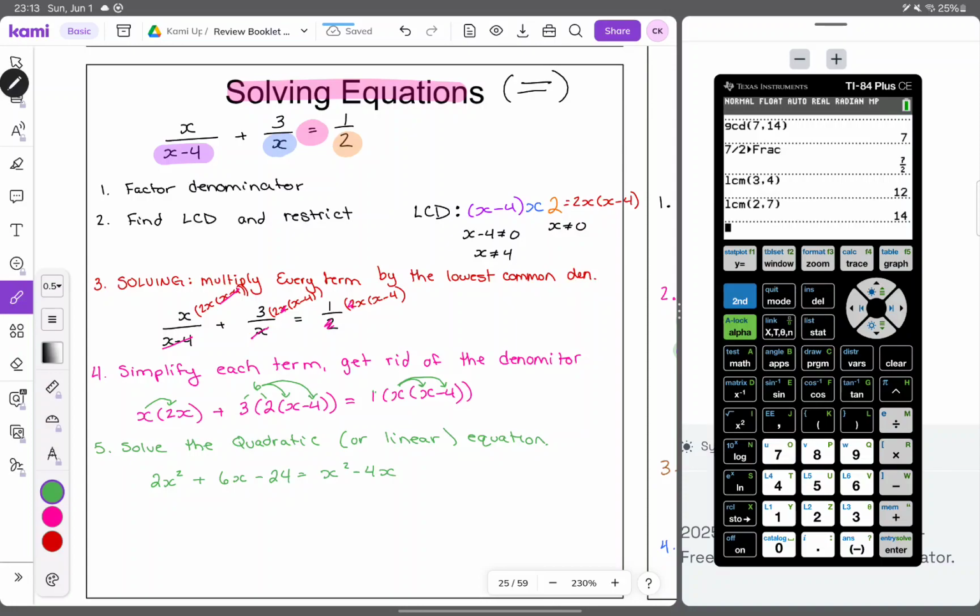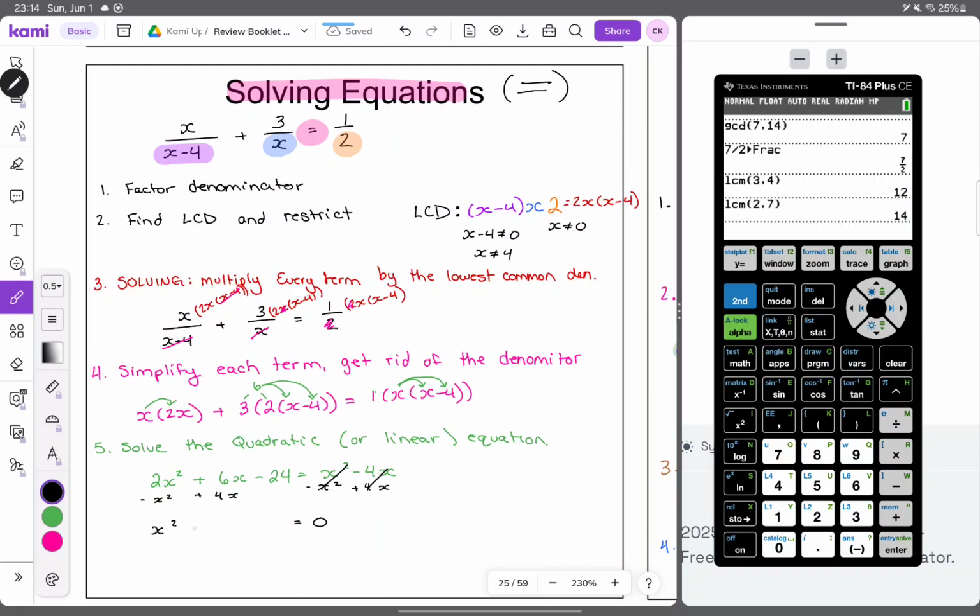As you remember from our prior skills brain dump, solving a quadratic, we need to make everything equal to 0. So I'm going to subtract an x squared from both sides, and I'm going to add a 4x to both sides. That's going to cancel out this side, get us equal to 0.